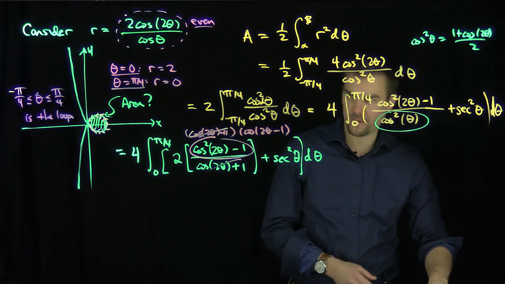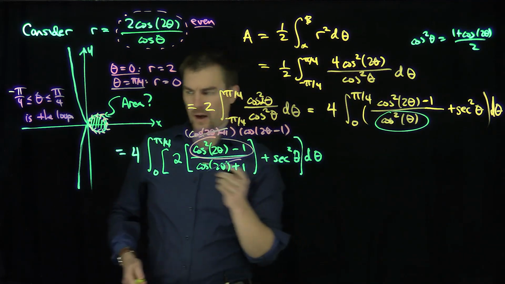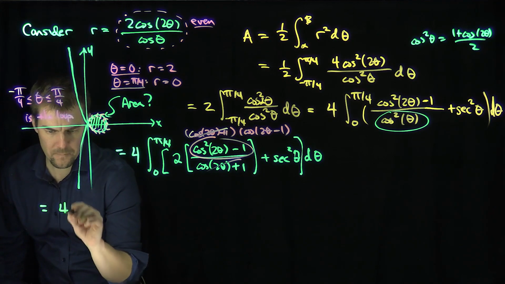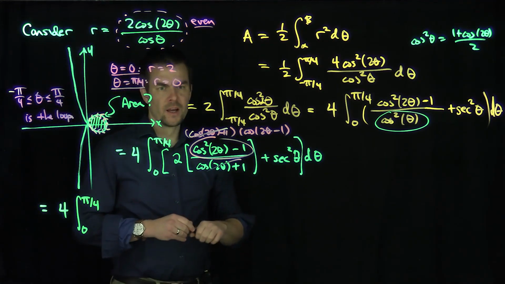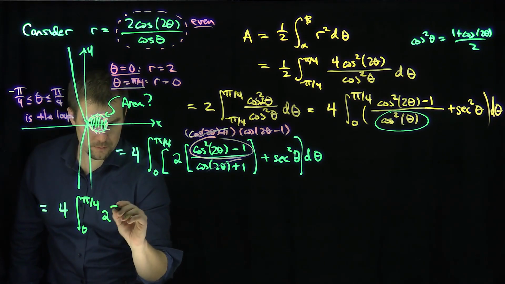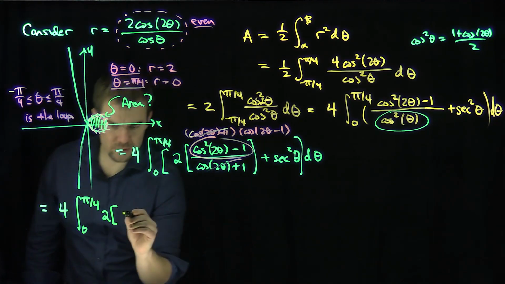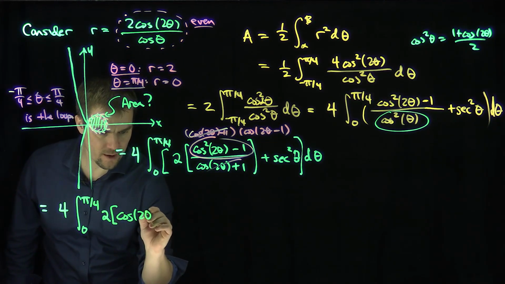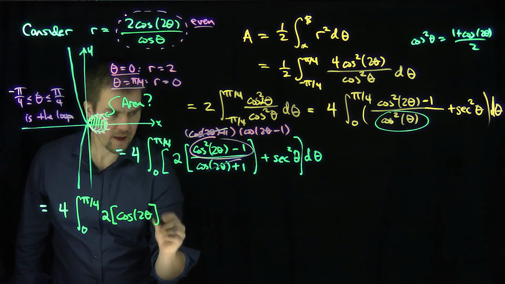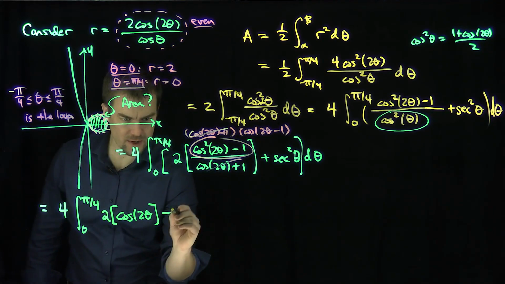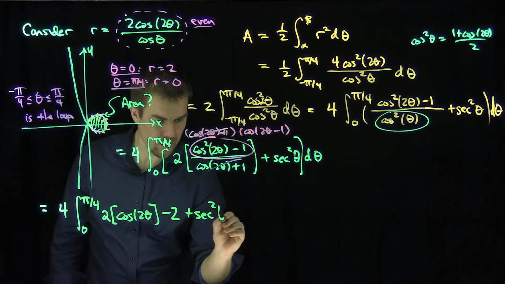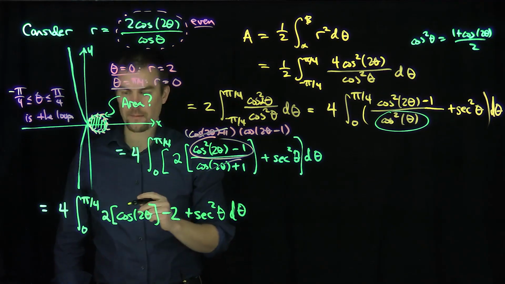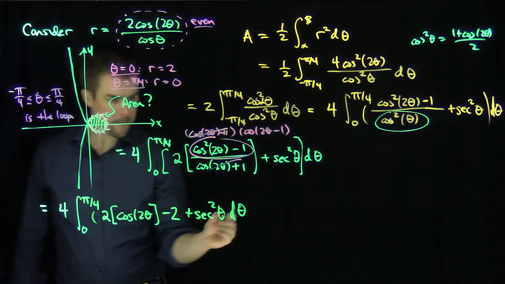My integral simplifies to 4 times the integral from 0 to pi over 4 of 2 times the cosine of 2 theta, and then 2 times negative 1, so that's a negative 2, and then plus secant squared of theta d theta, parentheses and everything.